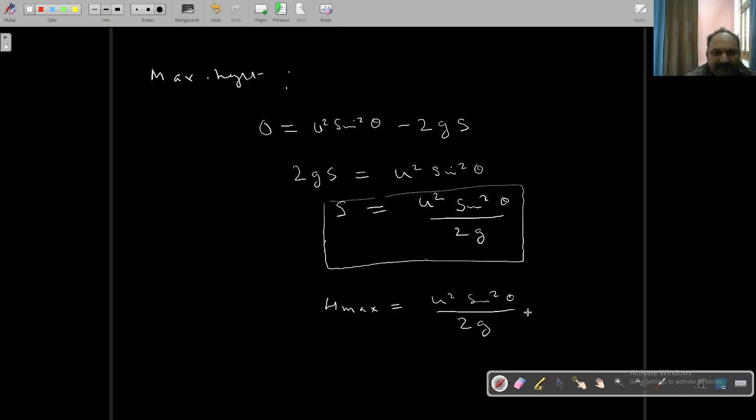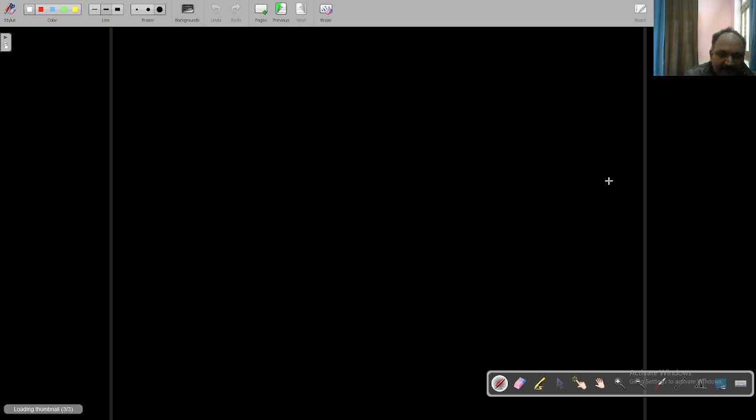Okay. Now the third point which we have to calculate is range. We have to calculate this range r. So what is the velocity? u cos theta and u sin theta.